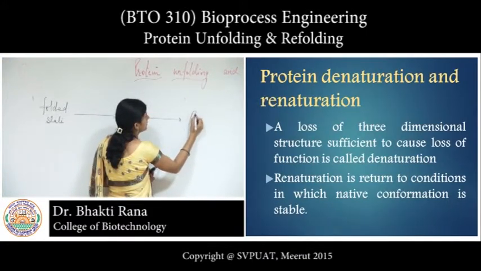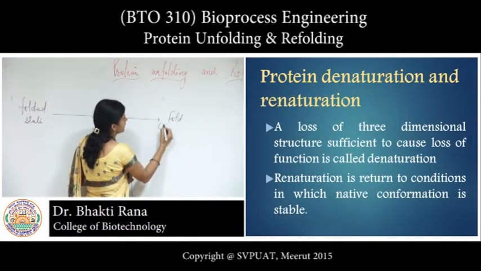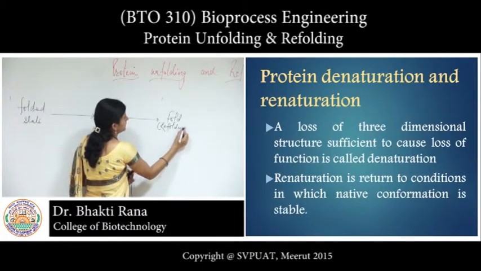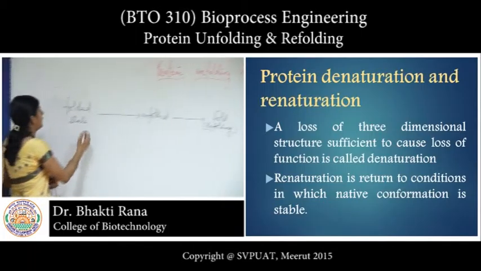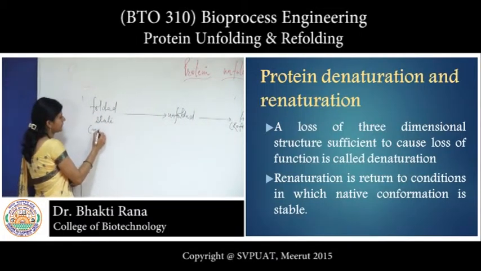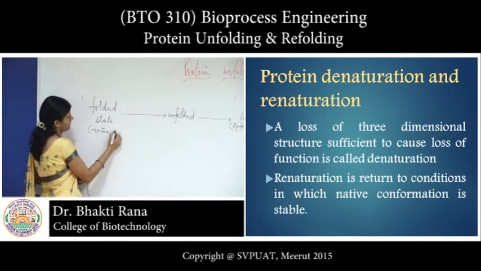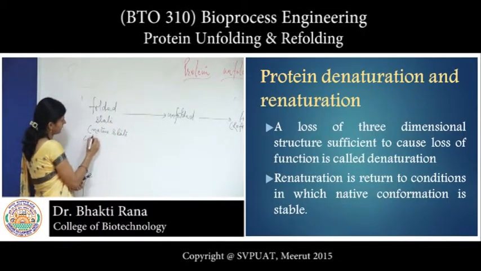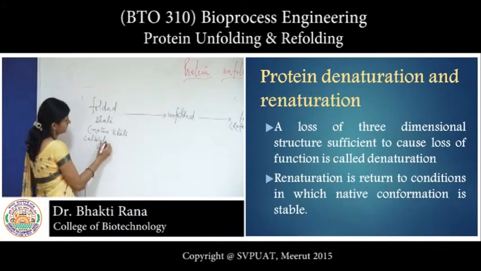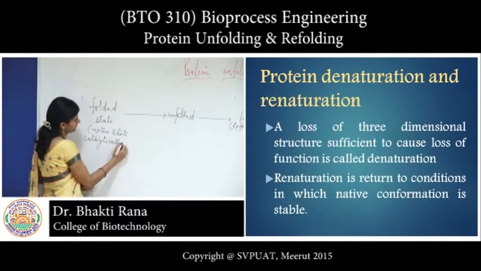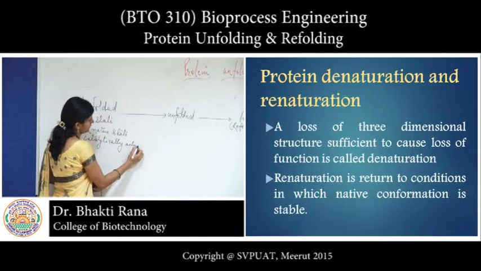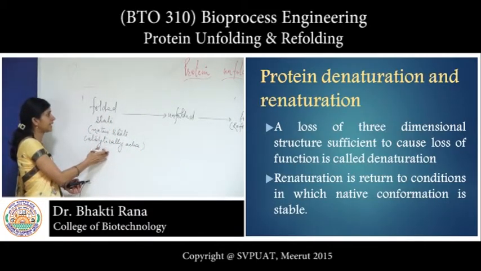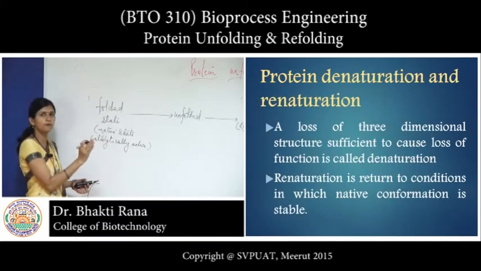That is known as refolding. The folded state is the native state and it is catalytically active. So you should remember that the folded state is the active state of a protein, not the unfolded state.